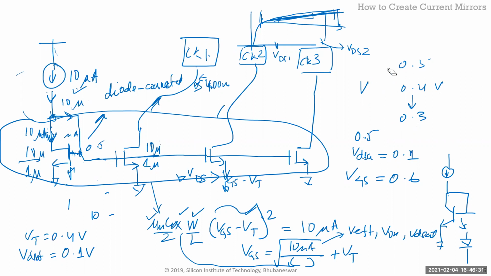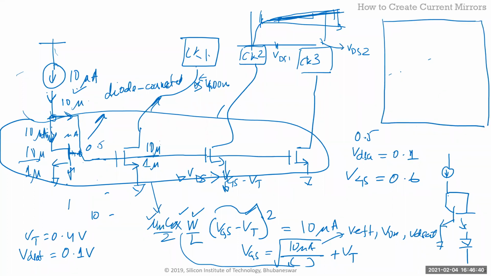Let me just draw it here. So let's say this is your total chip, right? And your BGR and your current source are sitting on one side of the chip. And this is, let's say, 4 or 5 millimeter by 5 millimeter, something big, right? Actually, it's not big for big SOCs, but big for typical analog ICs.